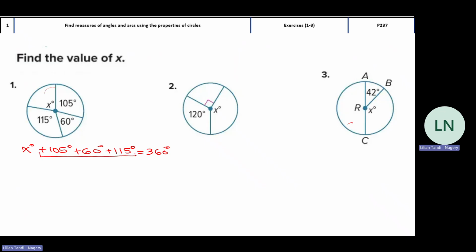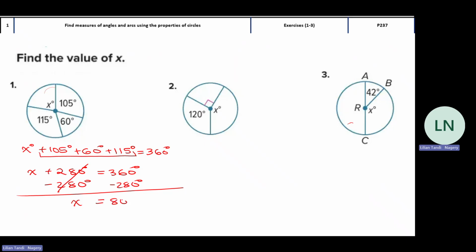These are friends, so we'll add them. We'll get x plus 280 equals 360. Then I will subtract 280 on both sides, and this will go away. x equals 80, and this is your answer.